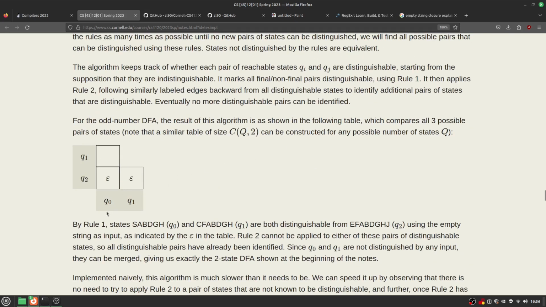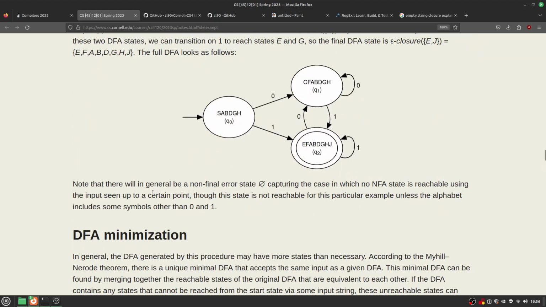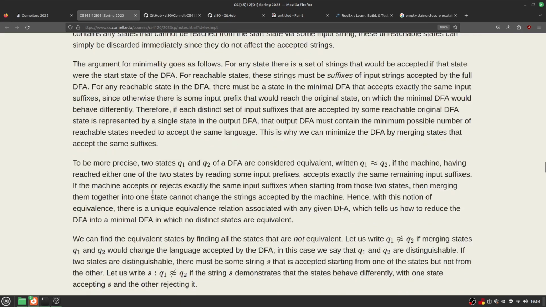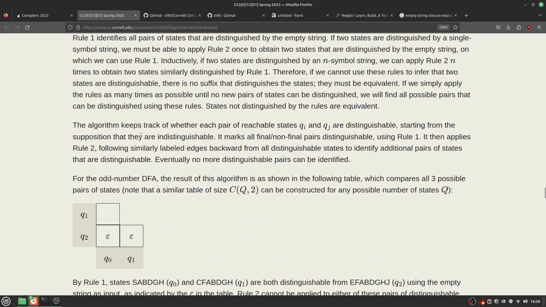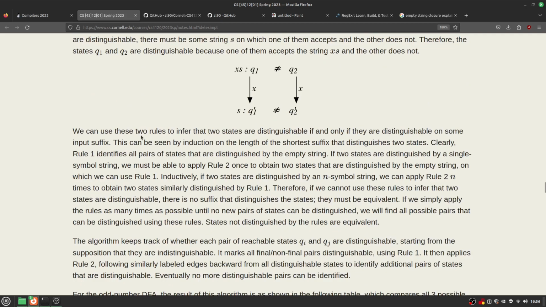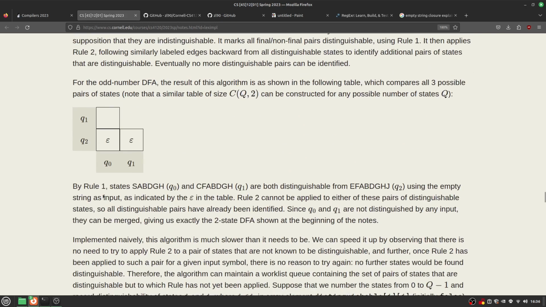From Q0 to Q2, what does this mean? What does that mean? Alright, let's have a look.